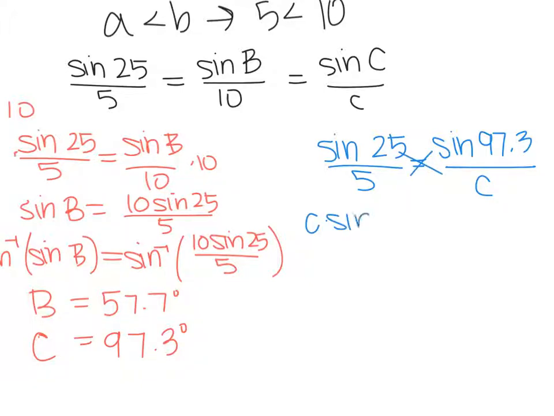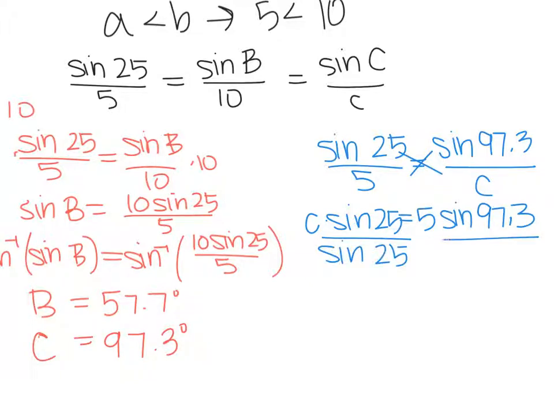C times the sine of 25 equals 5 times the sine of 97.3. Divide by sine of 25. And we get C equals 11.74.